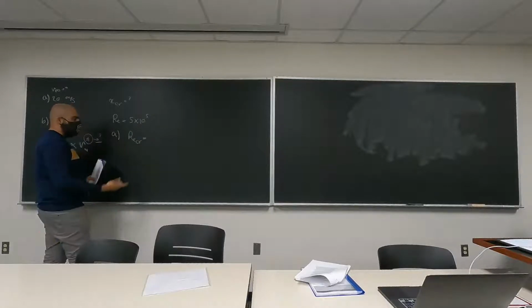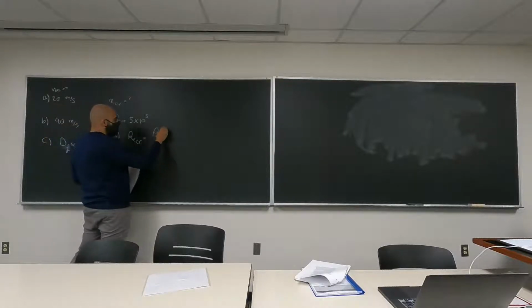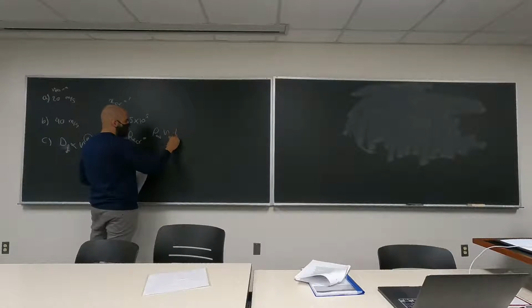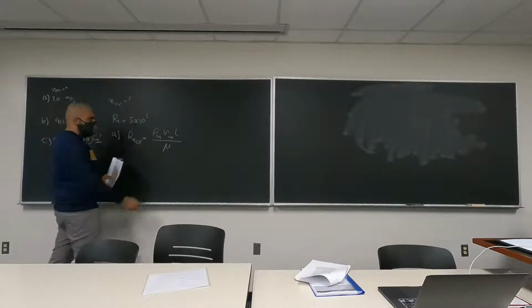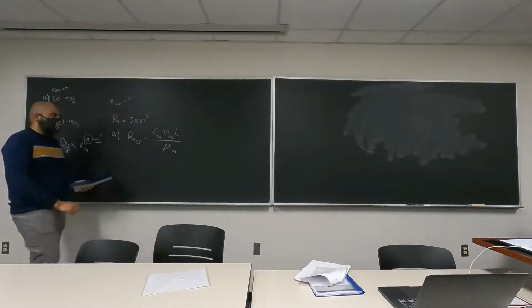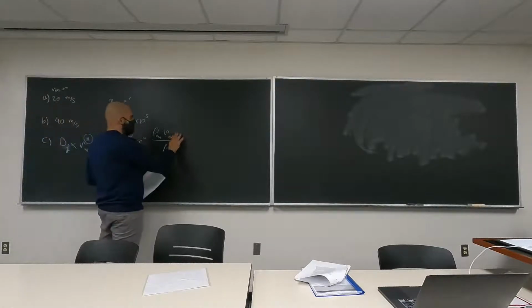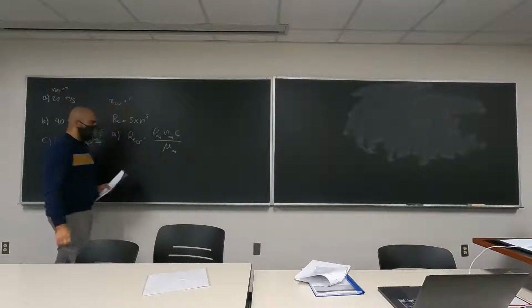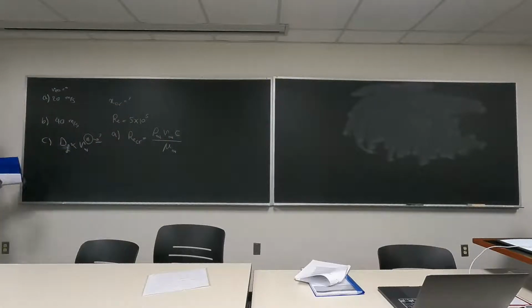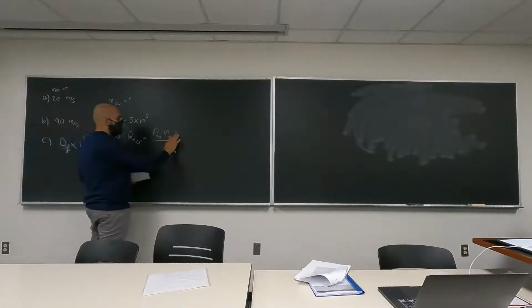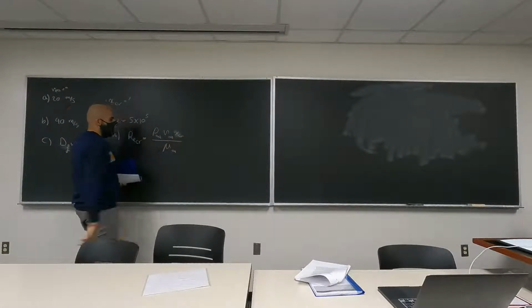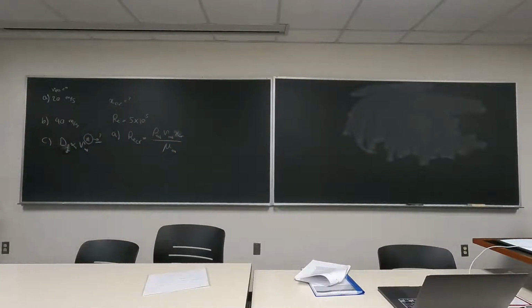Your critical Reynolds number is rho infinity, V infinity, L divided by mu infinity. L or C, let's call this C, your chord length. I'm sorry, X critical.